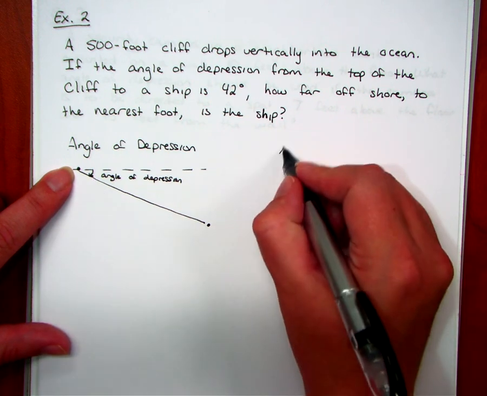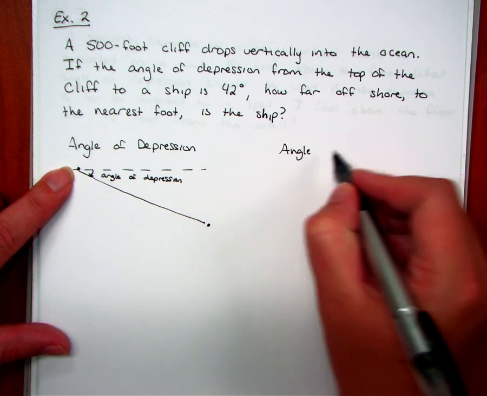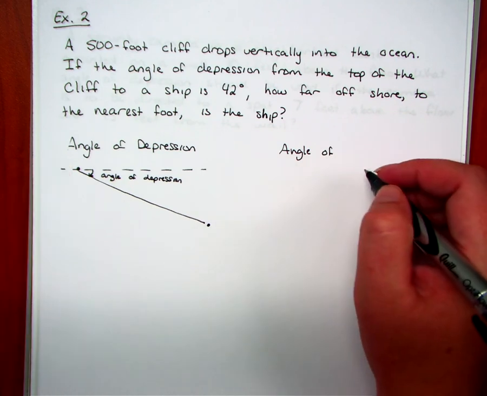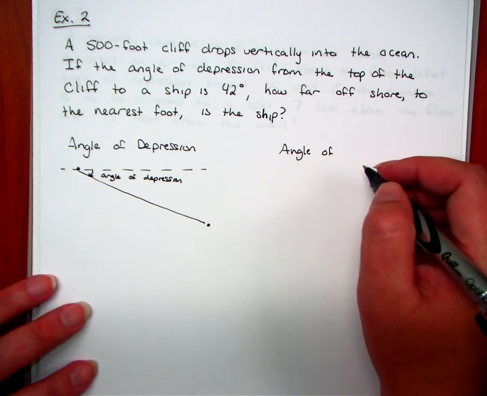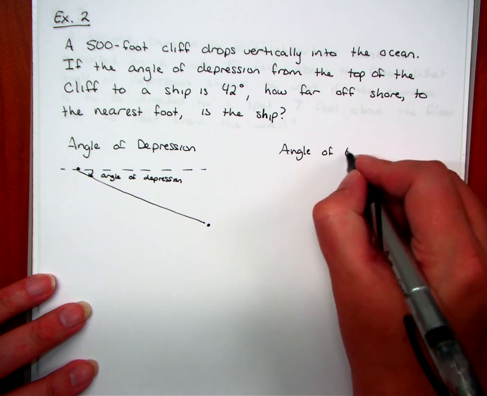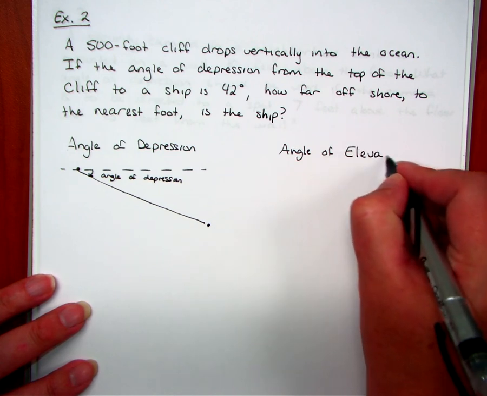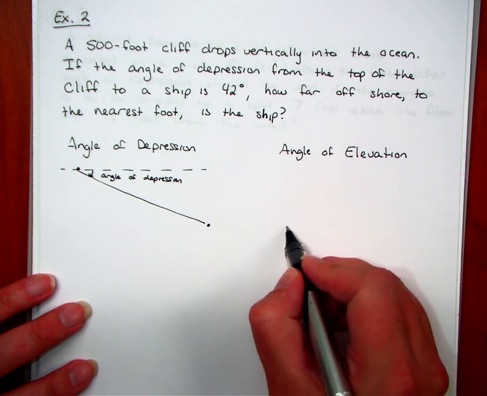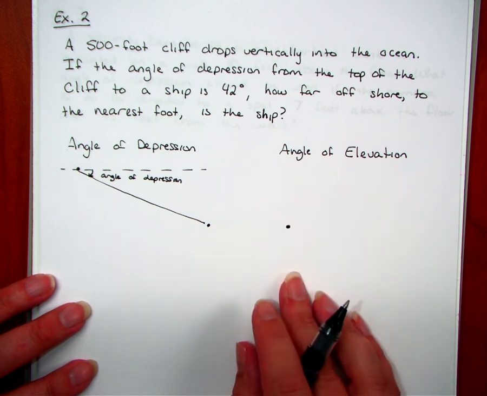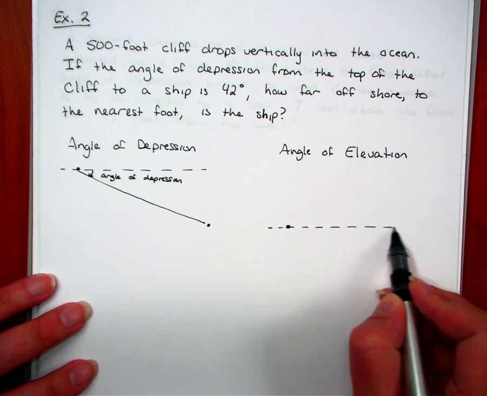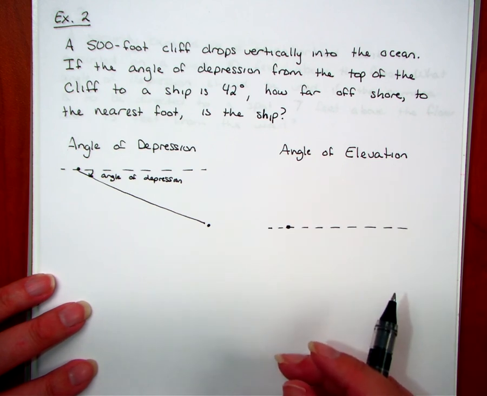So vice versa, we have an angle of elevation, right? And so that happens when we're looking up. So say we have a point in space, okay, or where a person is, and there's this horizontal line of sight from that person.